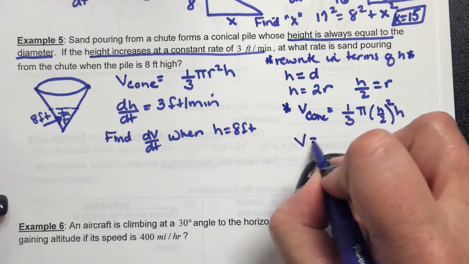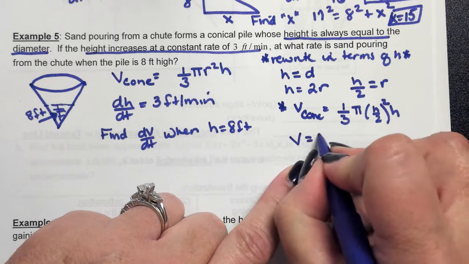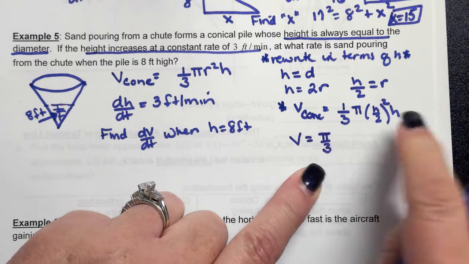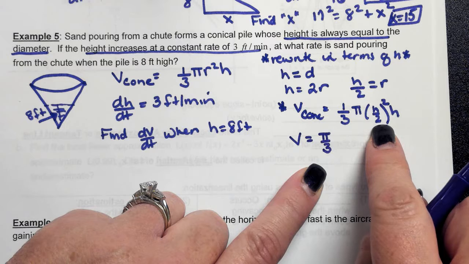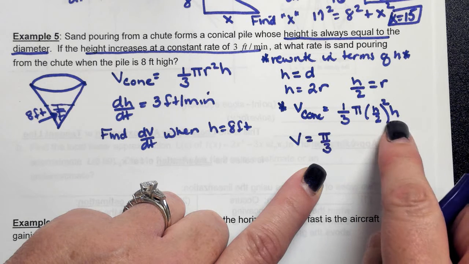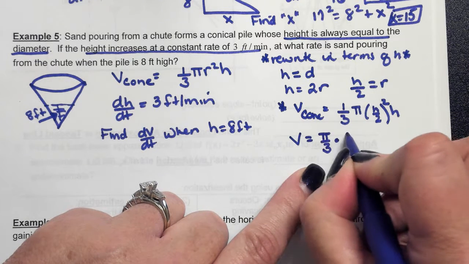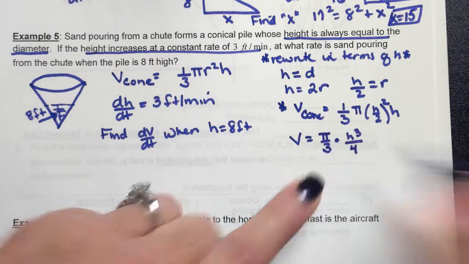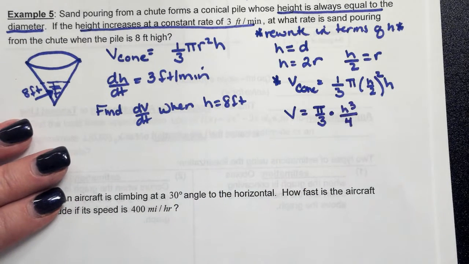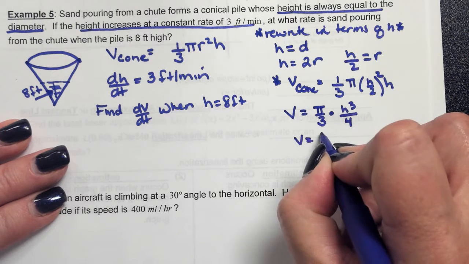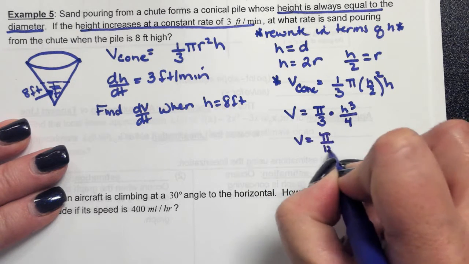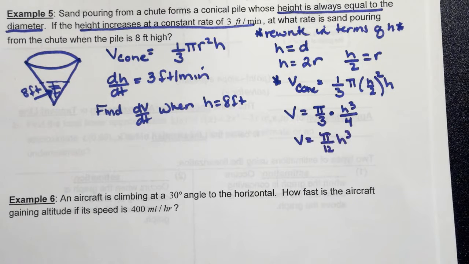So when I clean this up, I still have pi over 3, and H over 2 squared is going to give me H squared over 4 times H, so that's going to be H to the 3rd over 4. So the volume is going to be pi over 12 times H to the 3rd.